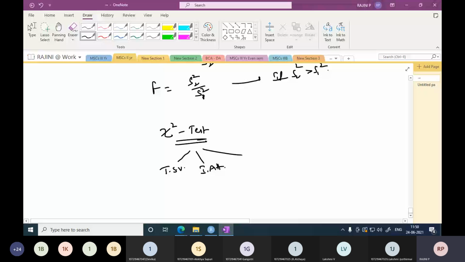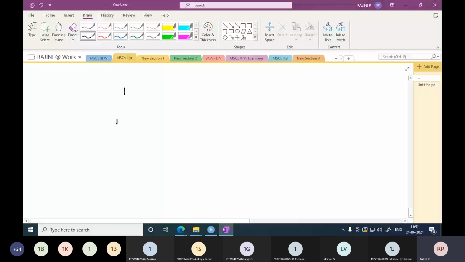Okay. Now first we are looking at independence of attributes. For the independence of attributes, what is the procedure? H naught. For independence of attributes, what is the H naught?